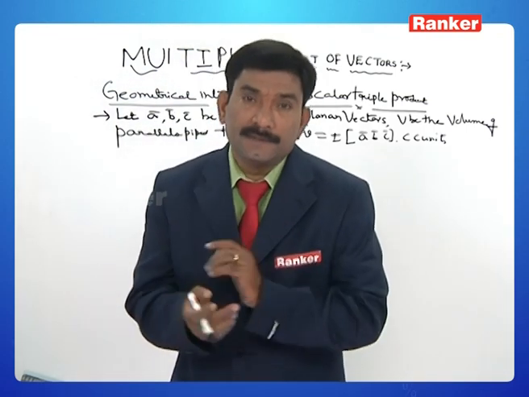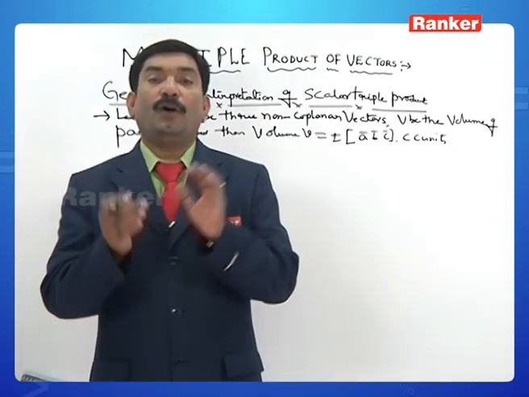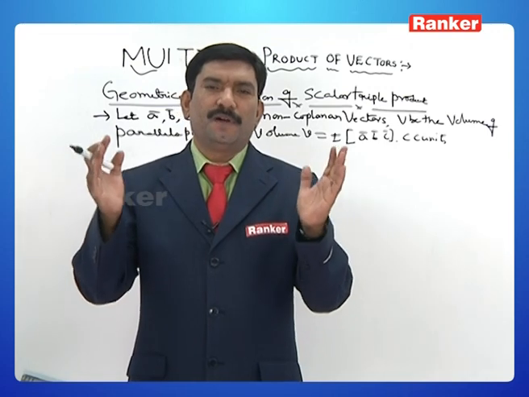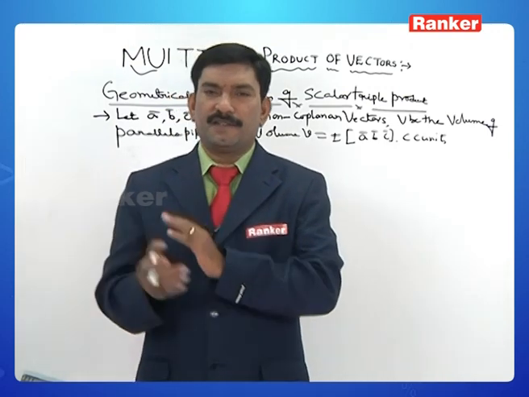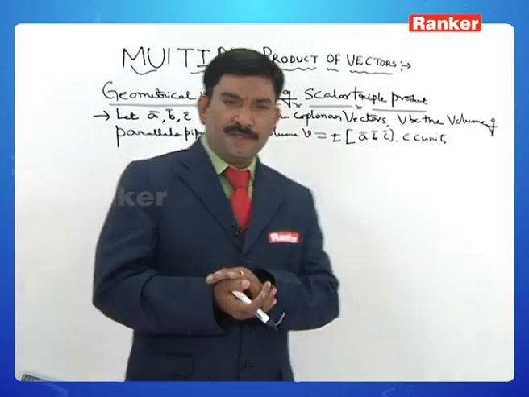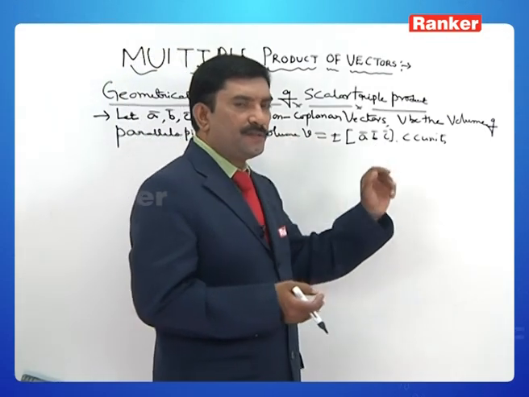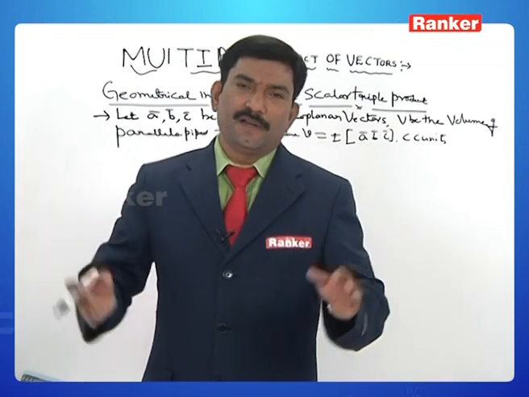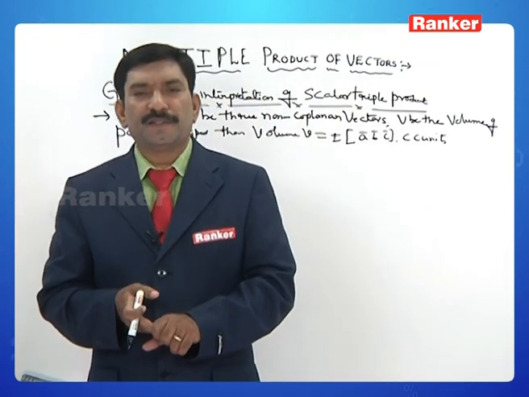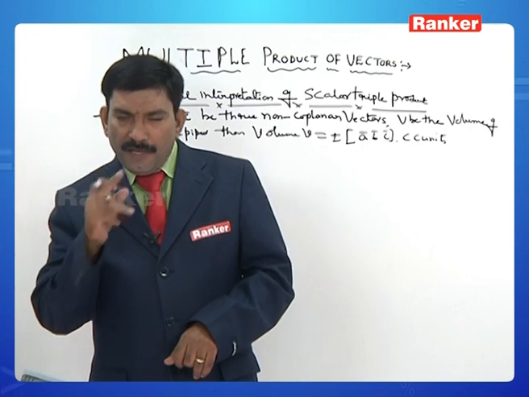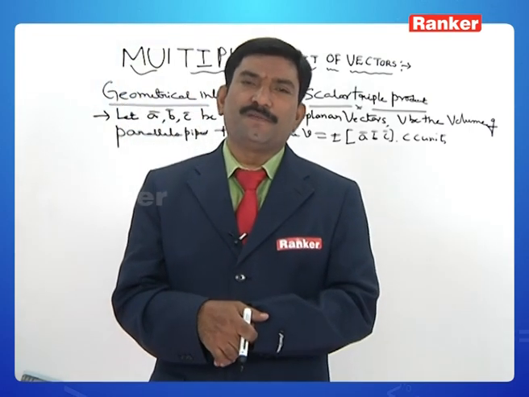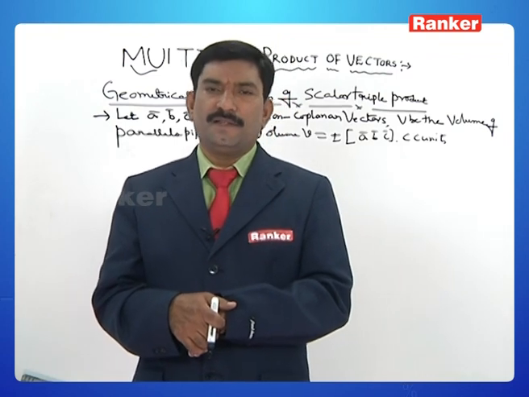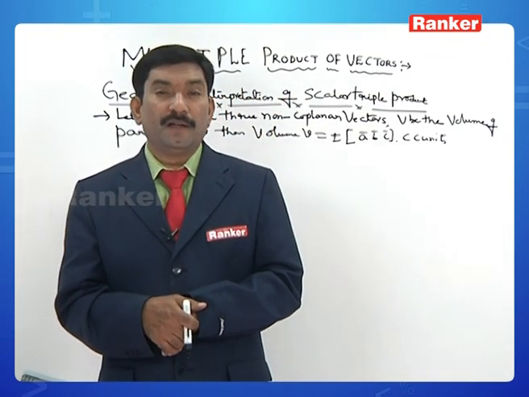Under that, we have to show that when V is equal to box of ABC, then A bar, B bar, C bar are in a right-handed system. When V is equal to minus of box of ABC, we define them as being in a left-handed system.